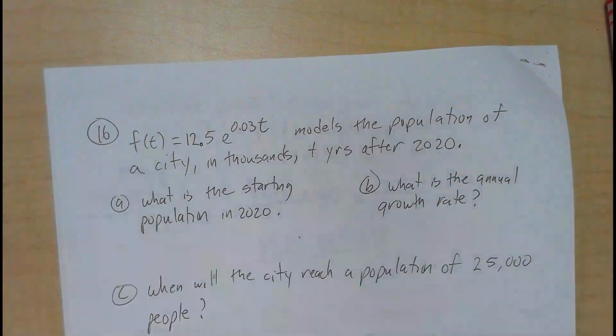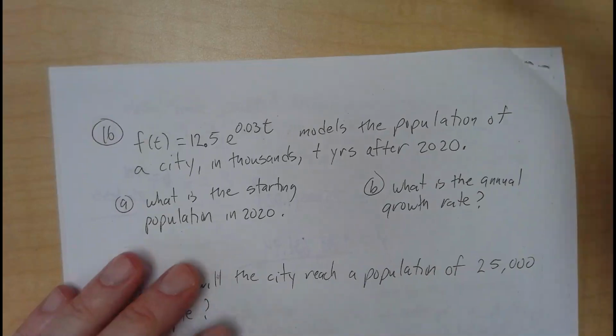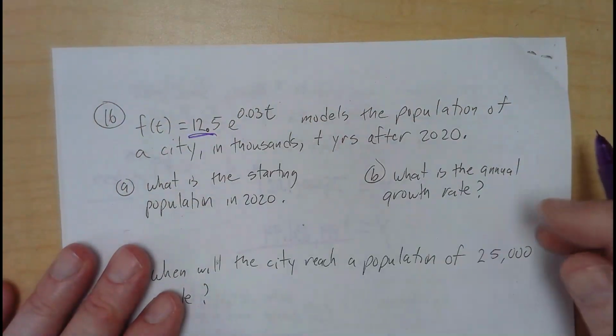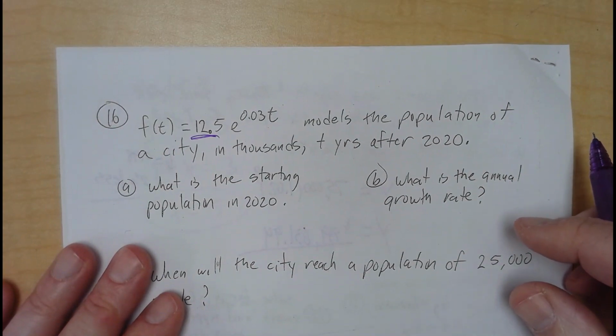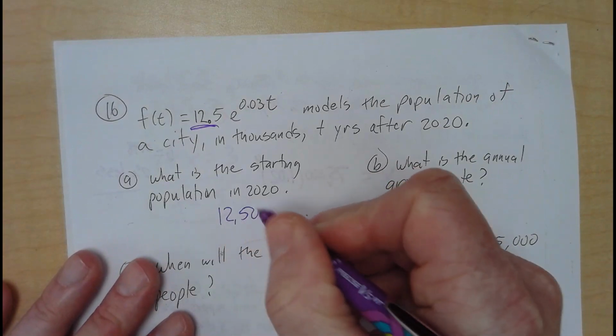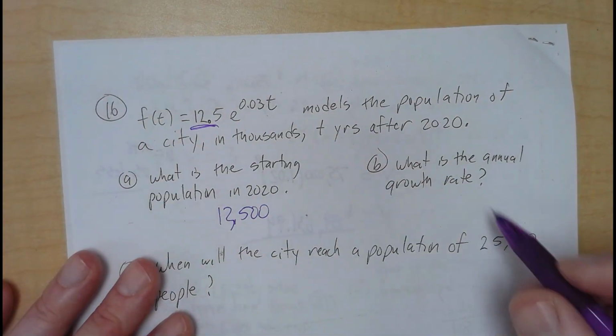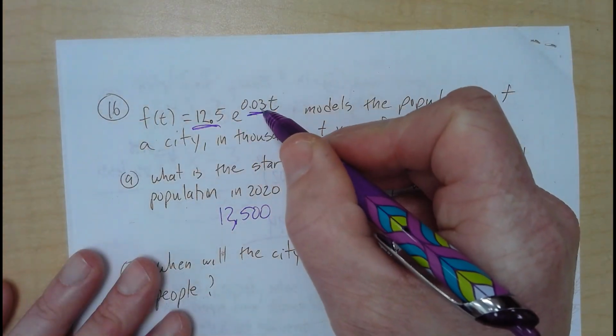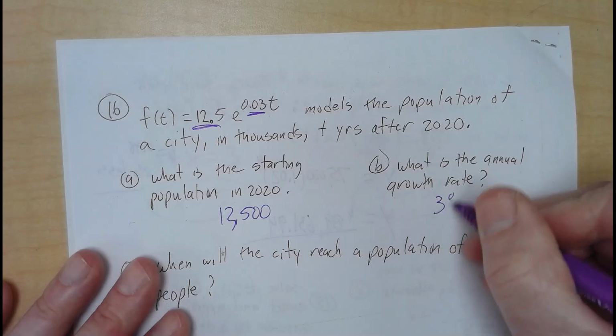Okay, number 16. This is when you have E, you're talking about populations of things that are alive, like people, bacteria, crabgrass, I don't know. It's just stuff that's alive. So this is not 12.5 people, it's 12.5 thousand people. That's your starting population. So it's 12,500 people. The growth rate for an E problem doesn't have to have a 1. So that 3 right there means 3% more.